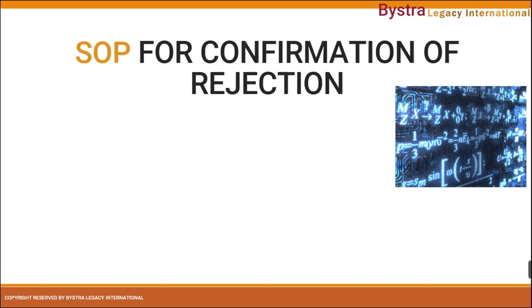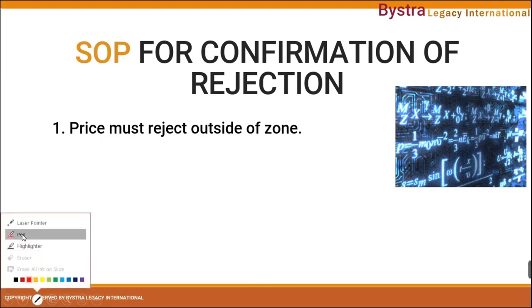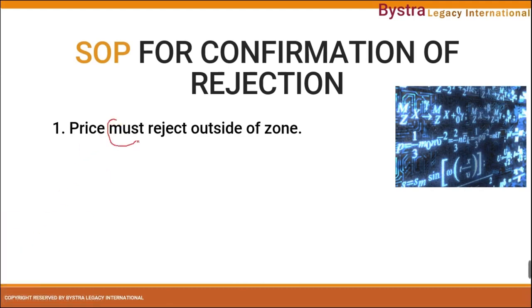So let's look at the SOP for confirmation of rejection. First of all, the price must, and let me highlight this again, must reject outside of the danger zone. Please remember this, guys, must reject outside of the danger zone.